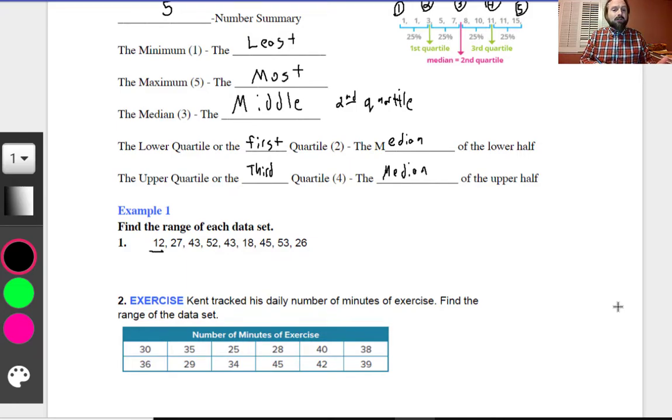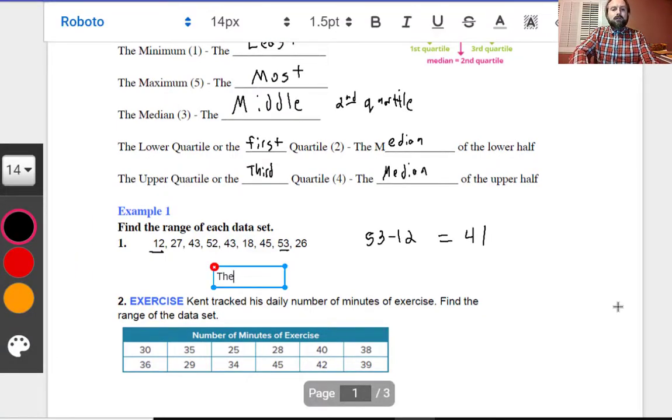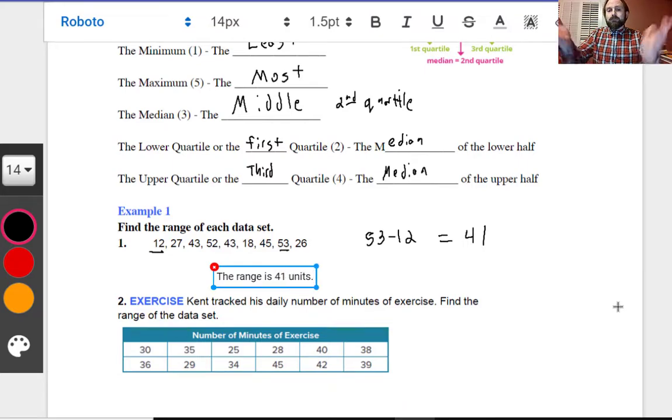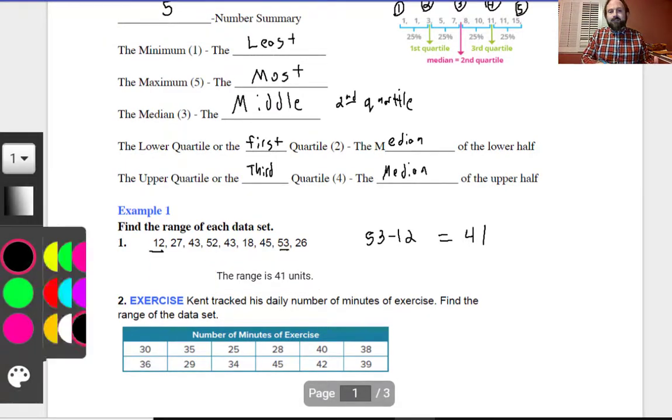Now we have to figure out what is the most. 53. And now we'll just go 53 minus 12 equals 41. So now we should probably type up the range is 41 units. Done. That's it.